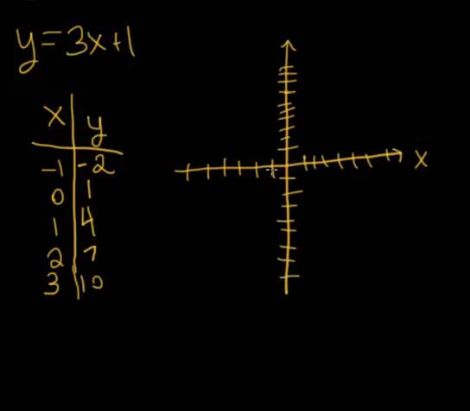So when I plug in -1, I'm going to have -2, so that's the point -1, -2. If I plug in 0, I'm going to have the point 1. At 1, I'm going to have the point 4. And then at 3, I'm going to have the point 10. Let's make this a little bit straighter.